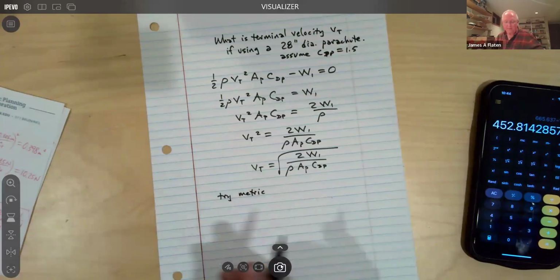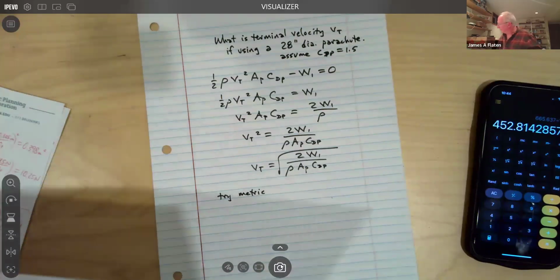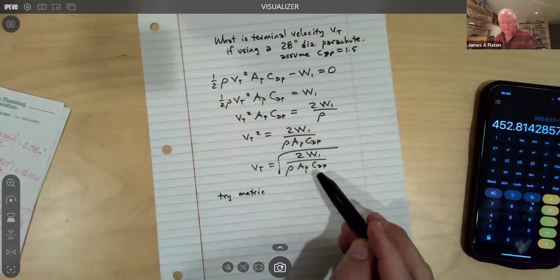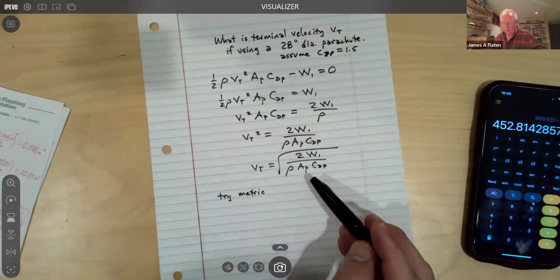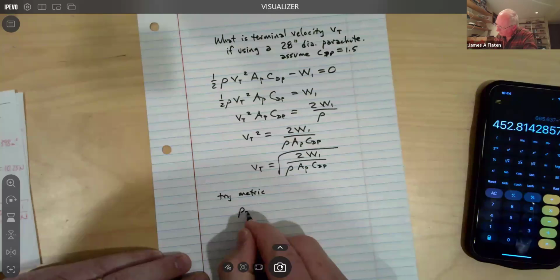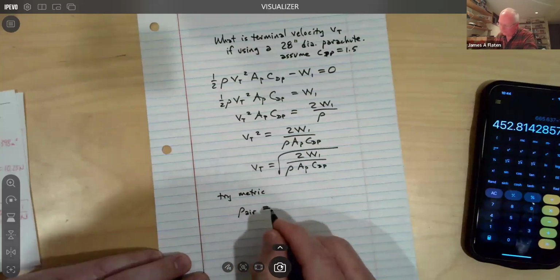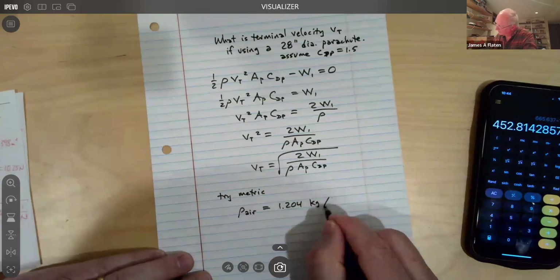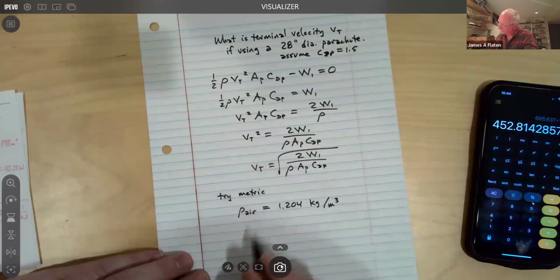So if I'm going to use metric, then I will need values for all of these things here. Some of them I can calculate, some of them from what I know, and some of them I might have to look up. So for instance, it turns out that the density of air in the metric system is equal to 1.204 kilograms per cubic meter. So that's ready to go.